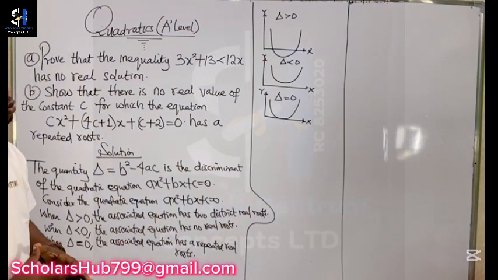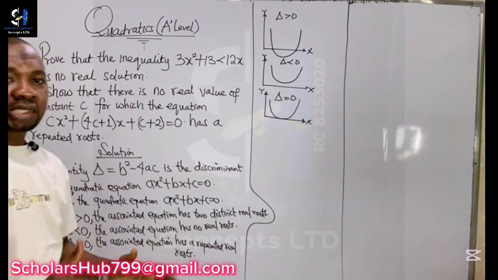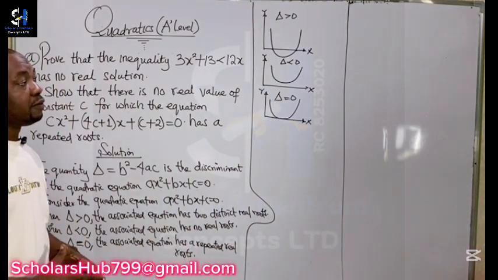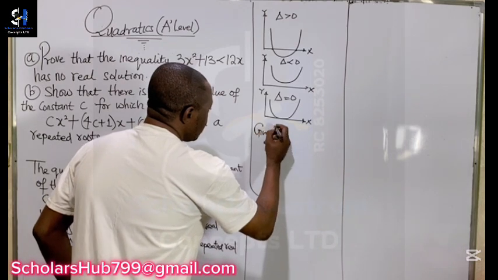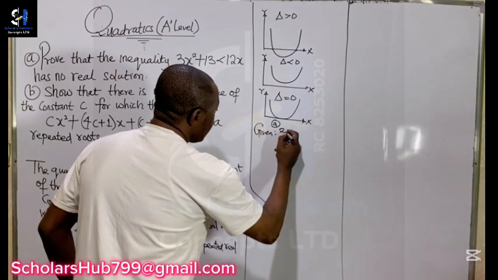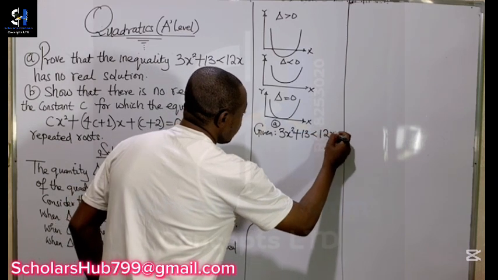So the first thing is to rewrite the inequality to a standard quadratic form. We're given 3x squared plus 13 less than 12x.